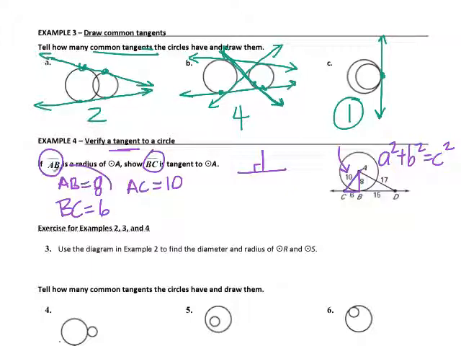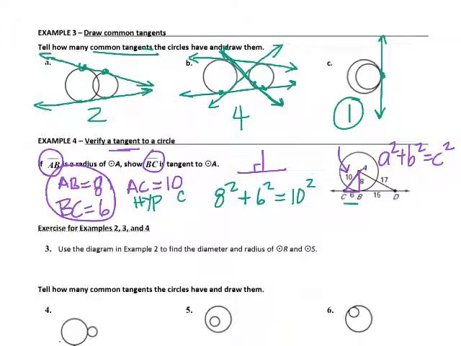Okay, these are our two legs. So we're going to use those as our legs, and this is our hypotenuse, which is going to be c. All right, so we're going to take a squared, which is our radius, 8 squared, plus b squared, that supposed side that's a tangent, 6 squared. And does that equal 10 squared?